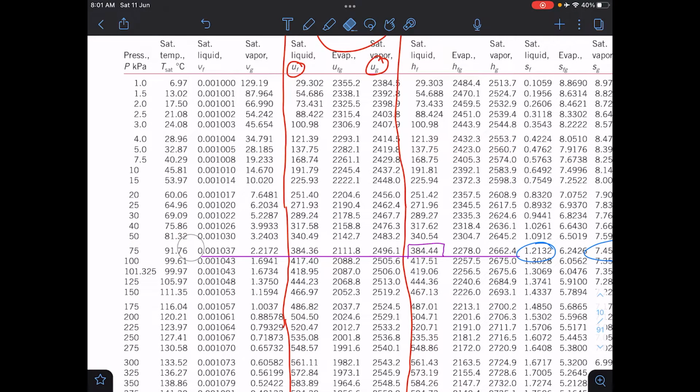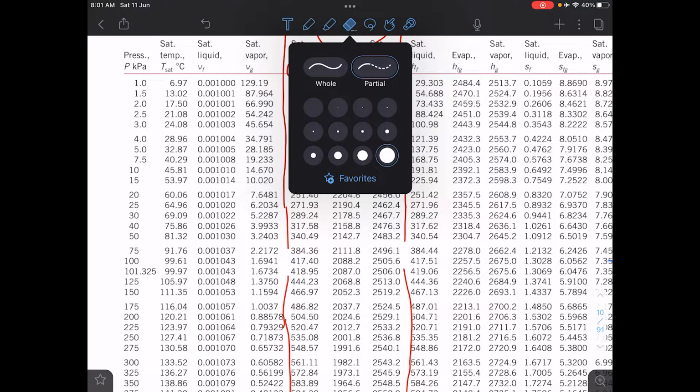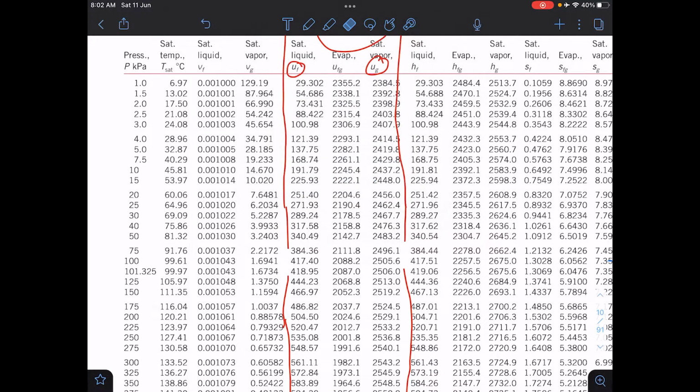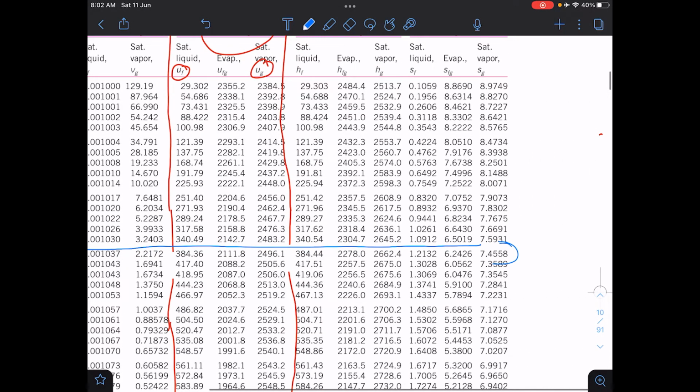Now for 50 kPa, your SG is 7.5931 and your SF is 1.0912.